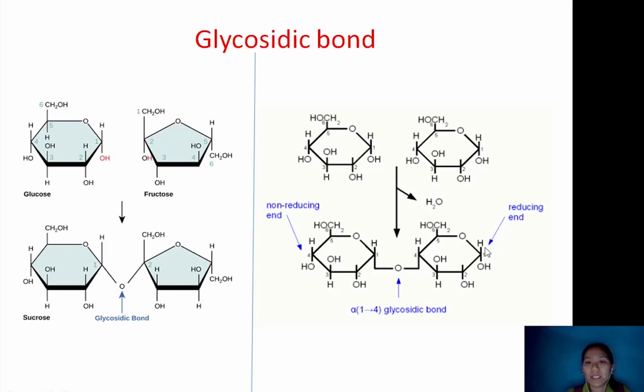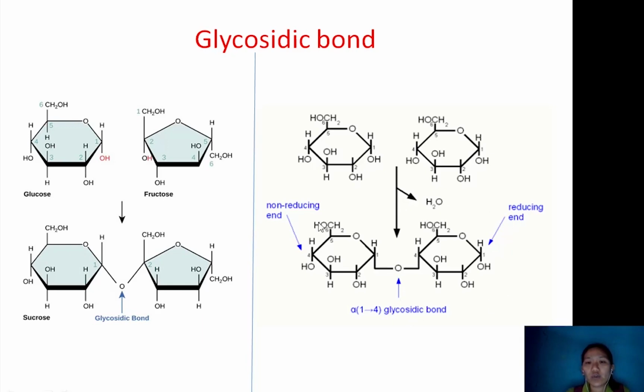So this is maltose, having 2 glucose units bonded by a 1,4 glycosidic bond, between carbon number 1 and carbon number 4.